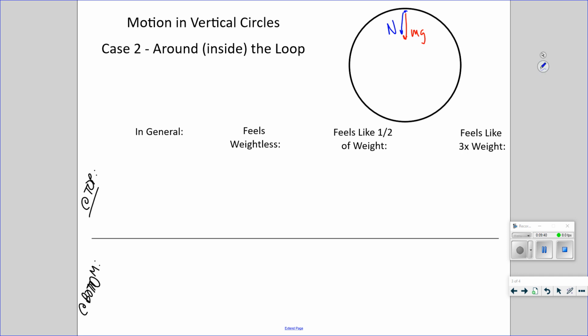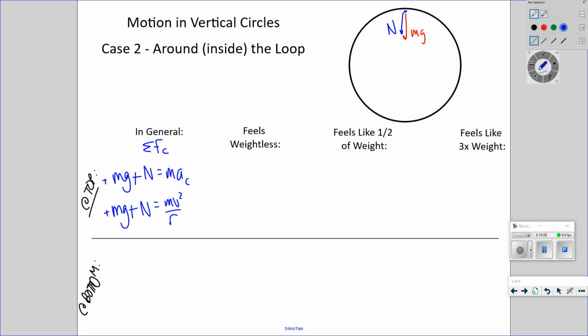When we write our net F_c, we've got mg plus N is m a_c. If we want to go farther, mg plus N is m v squared over r. They're both explicitly positive because both of those forces, at the top of this track, point inward. Inward is the positive direction.